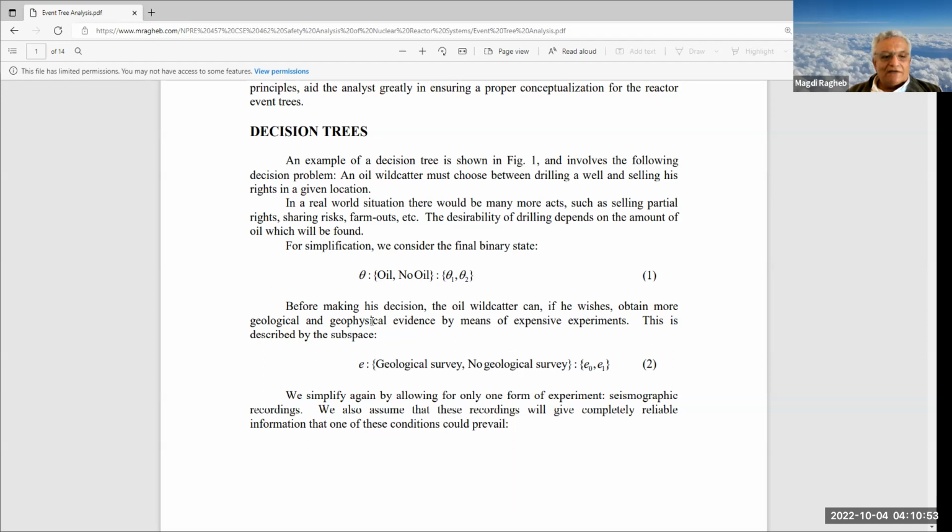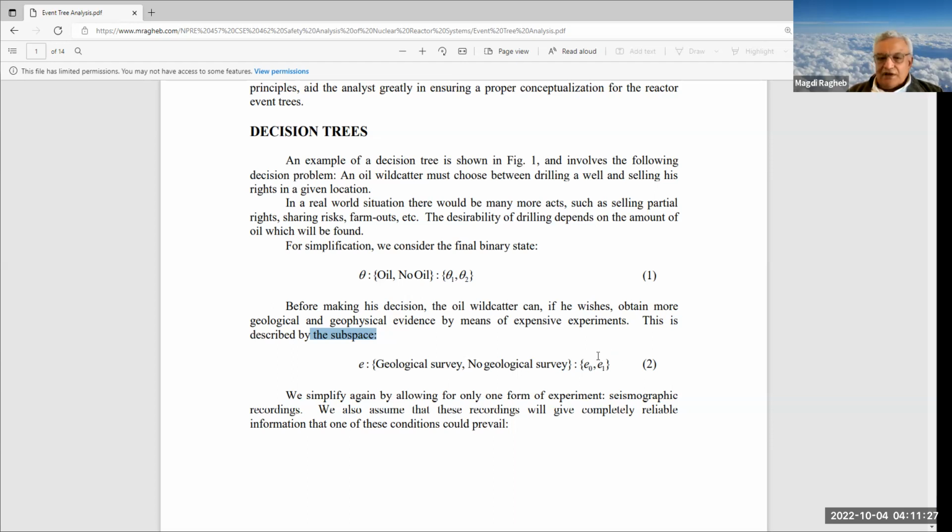Before he makes his decision to drill or not to drill, the wildcatter can decide maybe to seek help from some geologists, and in that case he gets geological, geophysical evidence by running some experiments. This is some kind of attempt to gain information about the formation underground that he is planning on drilling through.